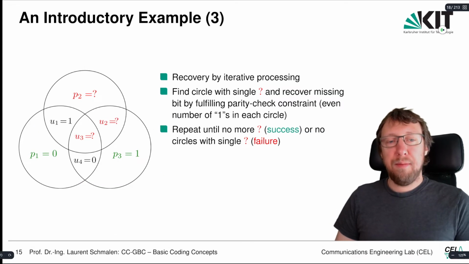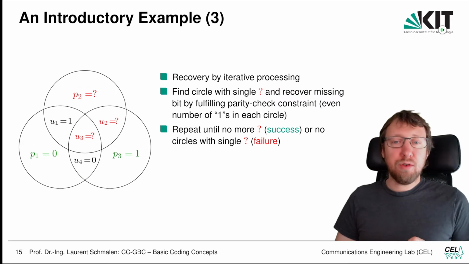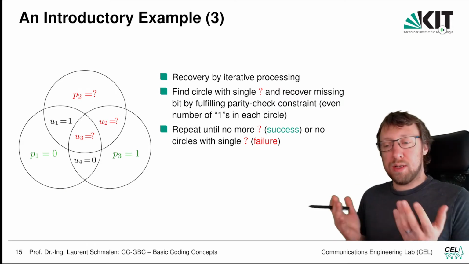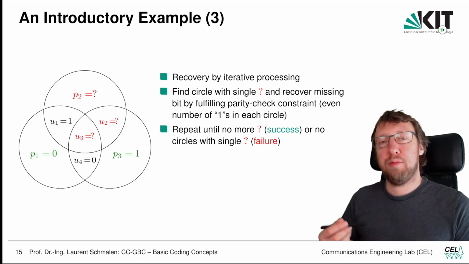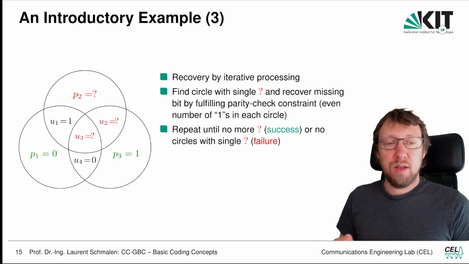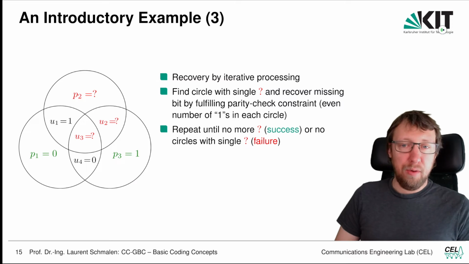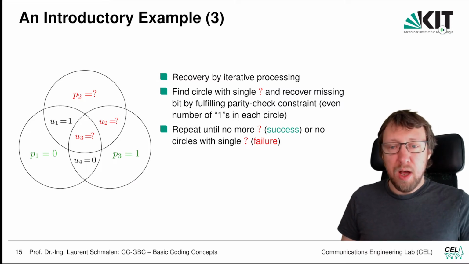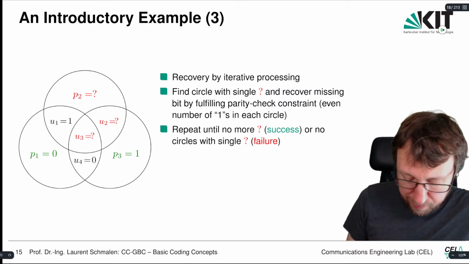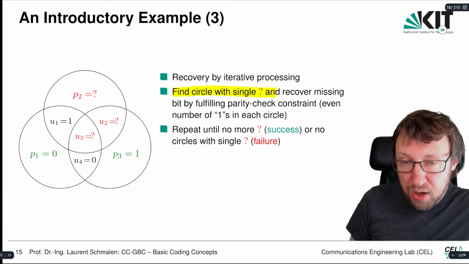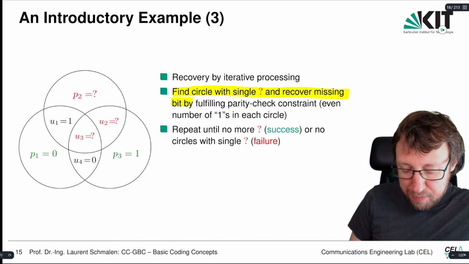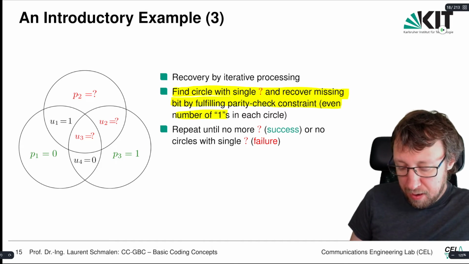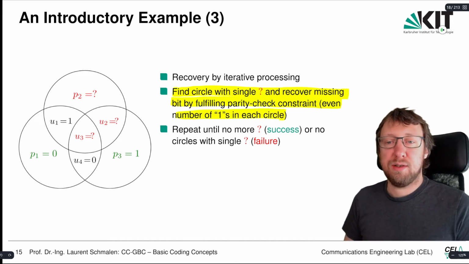So we'll see a very simple iterative processing algorithm. We saw in the introduction that modern coding is all about simple iterative processing. And the way it works is the following. So we find a circle that has a single question mark, and we recover the missing bit by fulfilling this parity constraint.